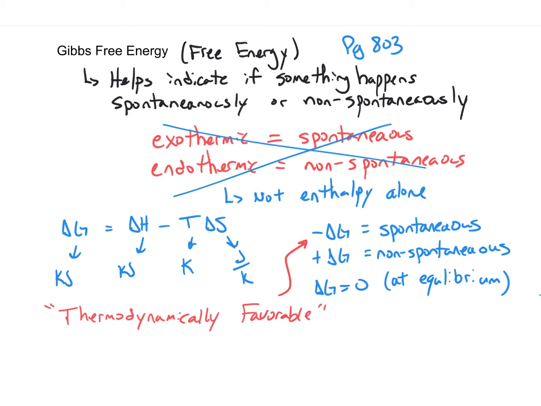To put it another way, thermodynamically favorable means that the situation is happening spontaneously in the forward direction. Now you might be noticing that I'm saying things like in the forward direction. As you'd probably expect, equilibrium, or the concept of dynamic equilibrium, plays a very close role in Gibbs free energy, or free energy. And we'll talk about the connection between equilibrium and free energy in the next video lesson.